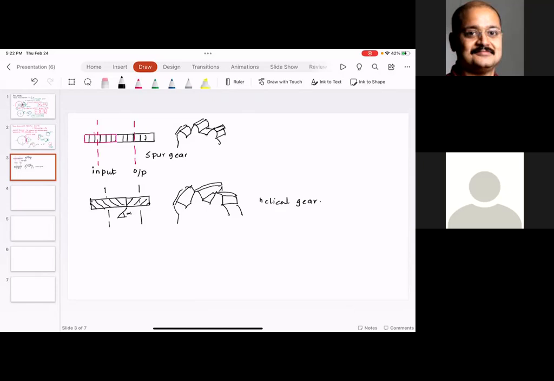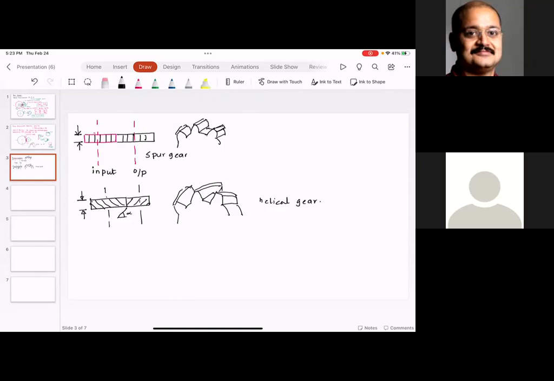Now, why do we need helical gear? The clear advantage of helical gear is, think about it like this is the face width, okay? And this is the face width of the helical gear. For the same face width, the amount of tooth material helical gear has is more than the amount of tooth material that the spur gear has. In other words, for the same footprint, helical gear can transmit more power.